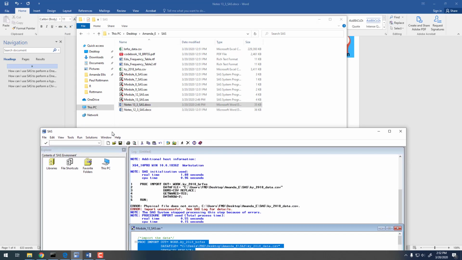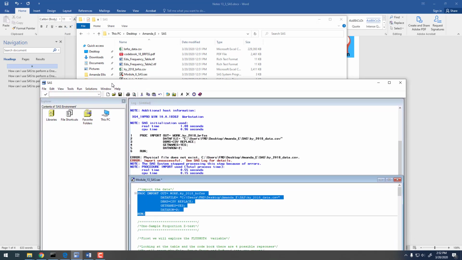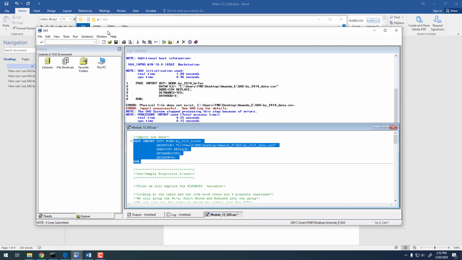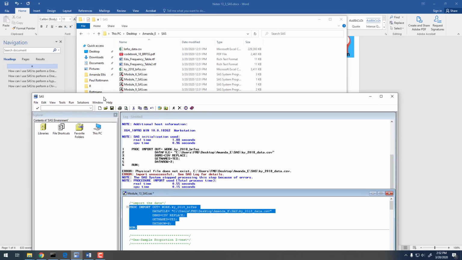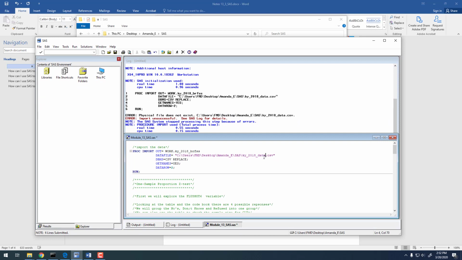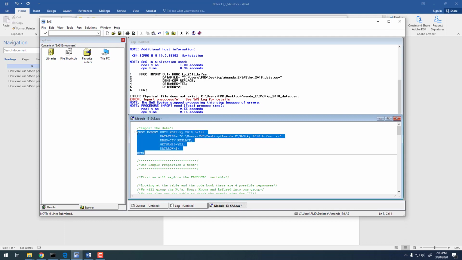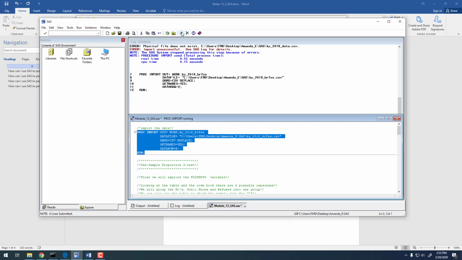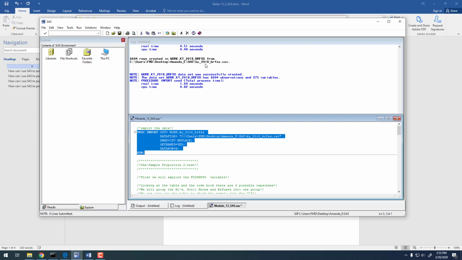I need to change my file name from this computer and the one I normally work on, so I need to do KY. Here we go. I'm going to try running that again. All right, everything looks good now.